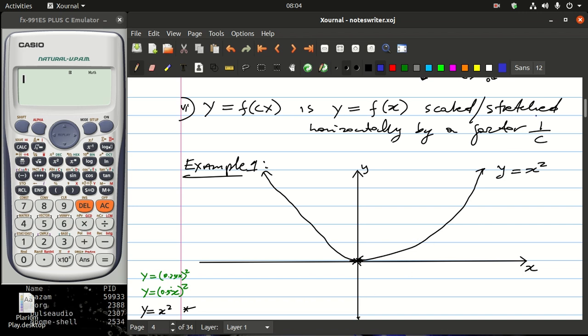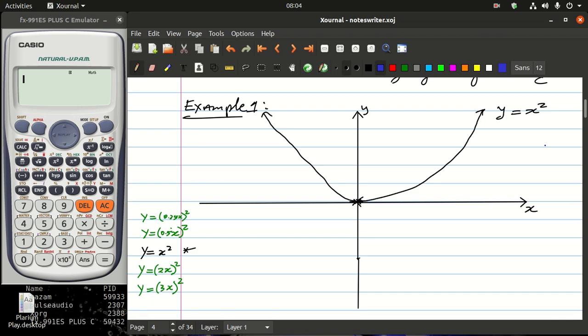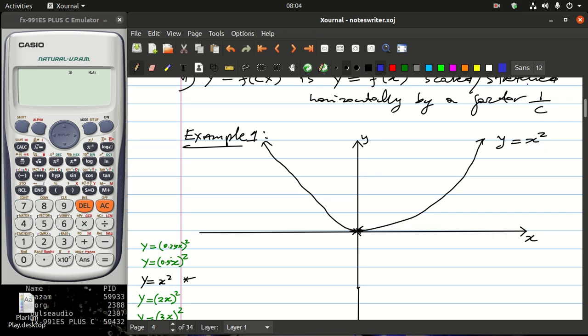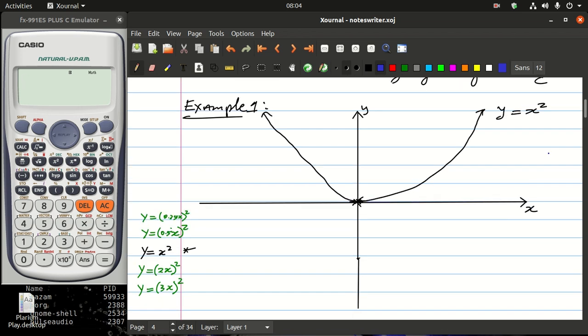We are stretching this by a factor 1 over c. I want us to focus on the stretching and leave the shrinking, because shrinking is the opposite of this factor.